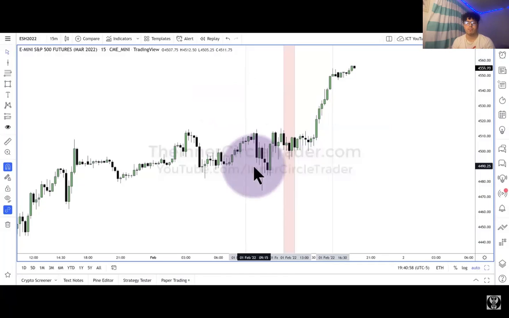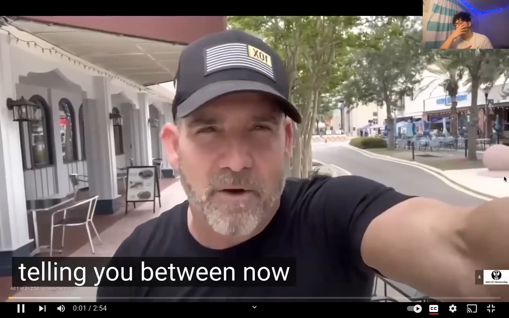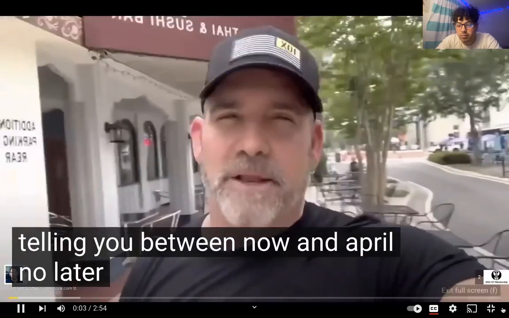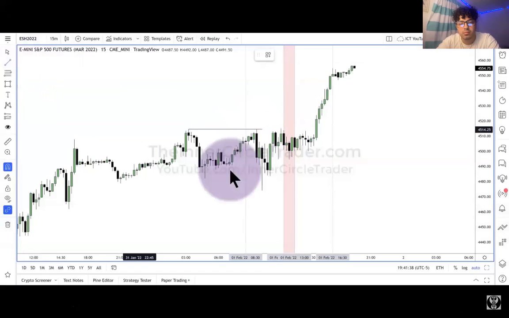We see this high here, and I'm utilizing this with the benefit of hindsight, because this is how you're going to go back and backtest everything. I want you to take a look at the high here, and the low right here.